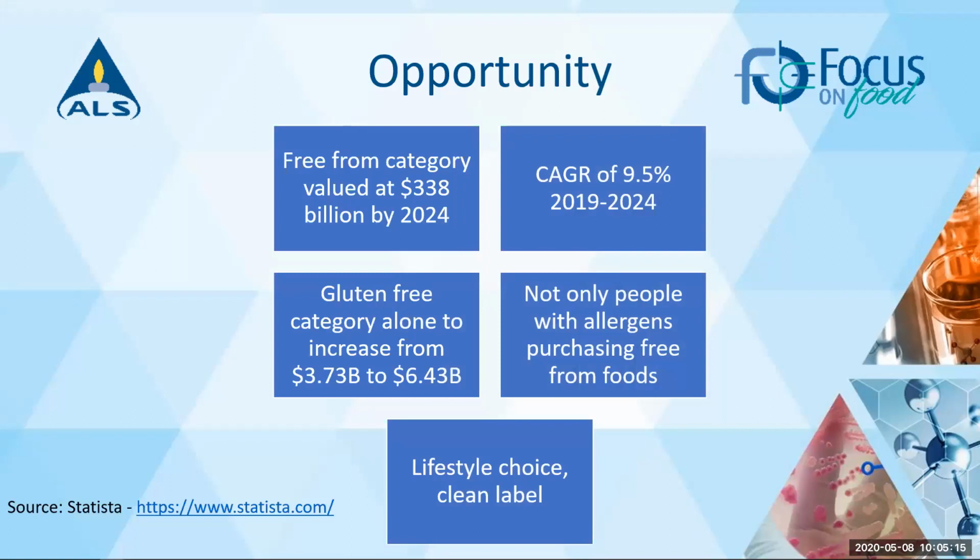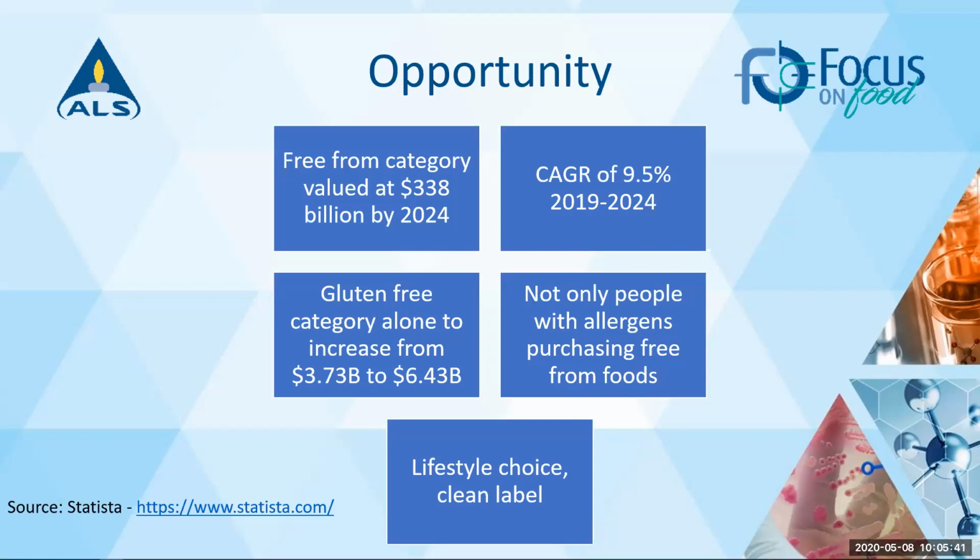Obviously, with challenges come opportunity, and this is increasingly the case with the allergen space. The free-from category is estimated to be worth around $388 billion by 2024, with a compound annual growth rate estimated to be around 9.5% between 2019 and 2024.